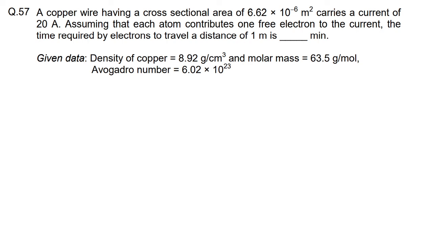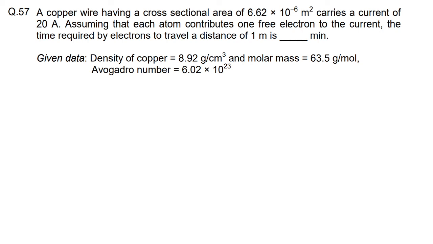Assuming that each atom contributes one free electron to the current, the time required by electrons to travel a distance of 1 meter is dash minute. Given is the density of copper equal to 8.92 gram per centimeter cube, molar mass equal to 63.5 gram per mole, and Avogadro number equal to 6.02 into 10 to the power 23.